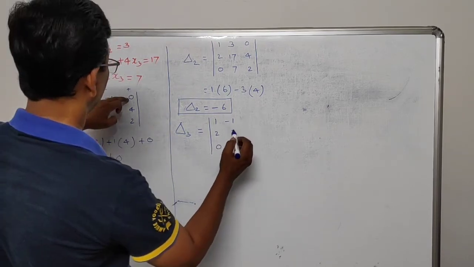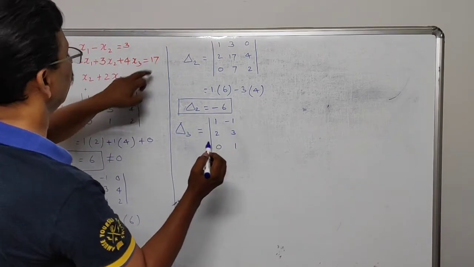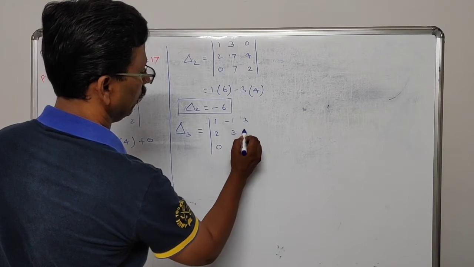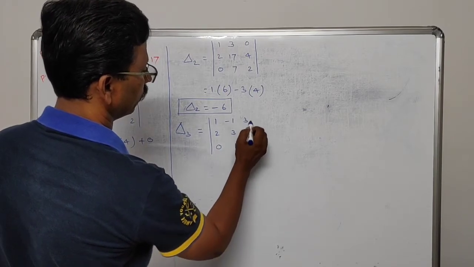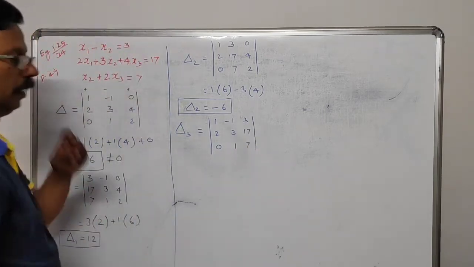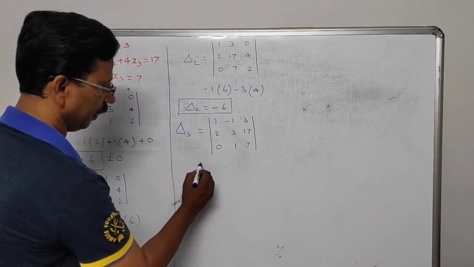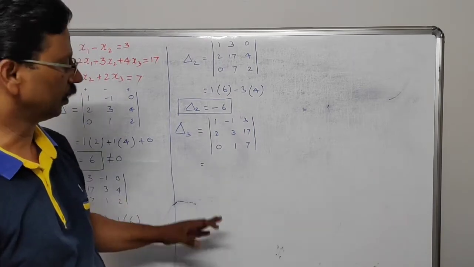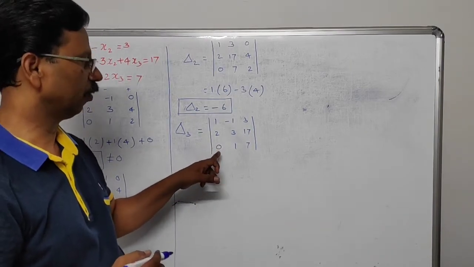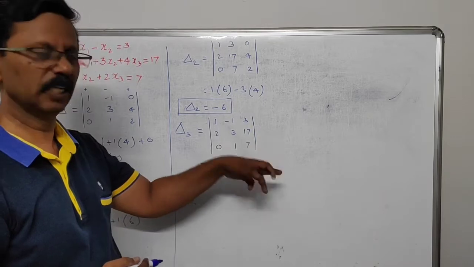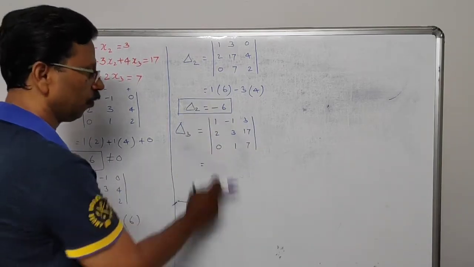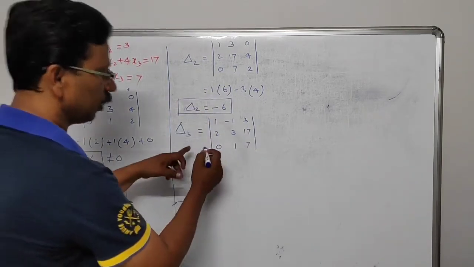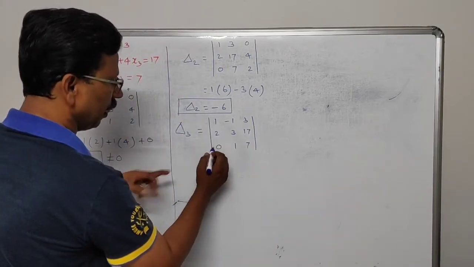The last column, instead of this one, we write 3 17 7. Now we can expand this determinant along any one of these three rows or three columns, and since we have 0 here, you can expand through the last column, which is very easy.